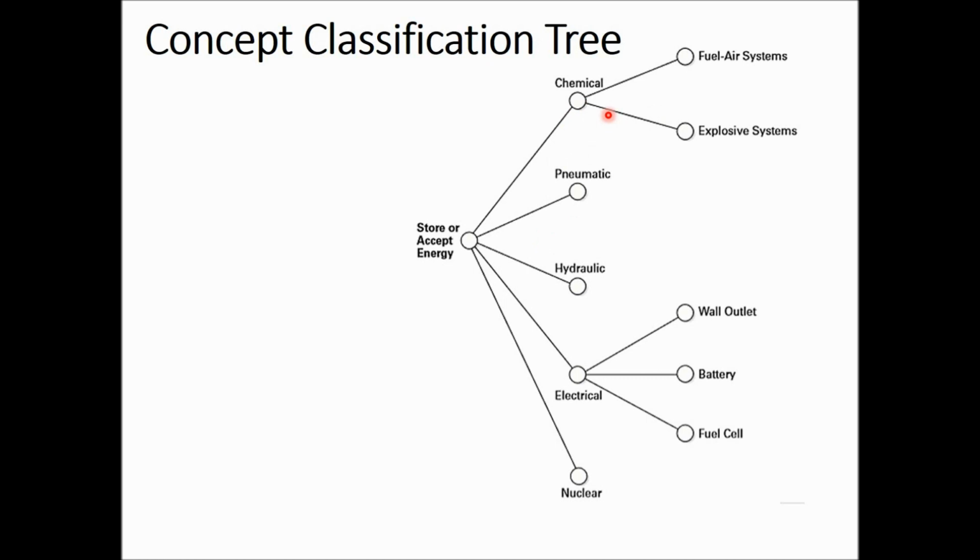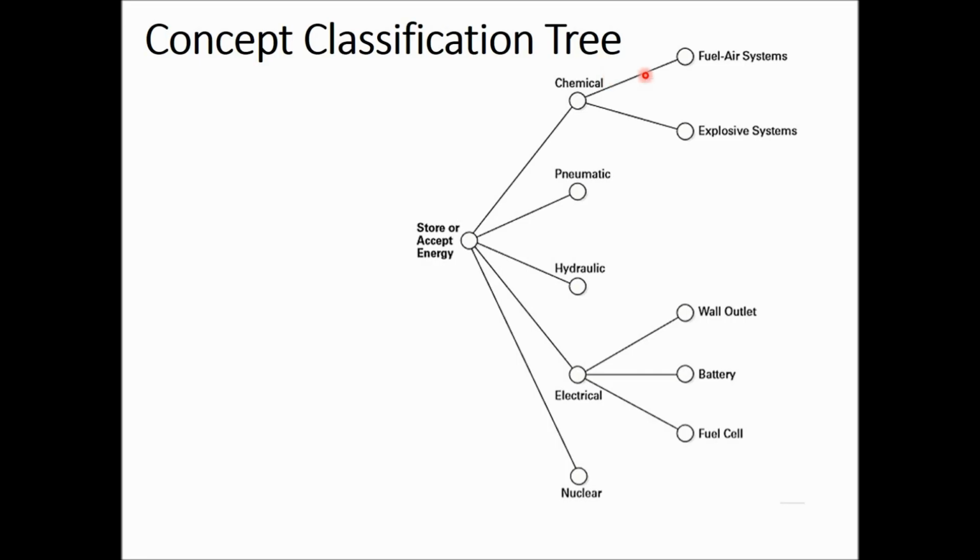For example, you can store energy chemically, and you can use energy in the form of compressed air, pneumatics we say, and in the form of hydraulics, complex oils, in electrical means, or nuclear, or many options that you can consider.